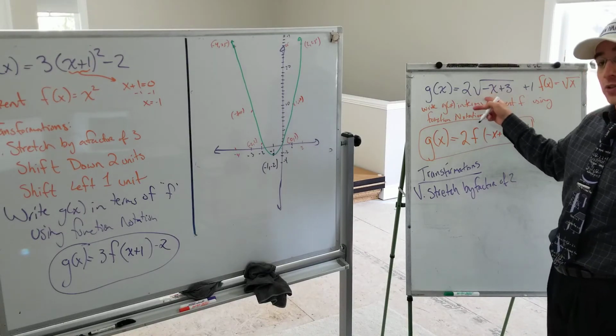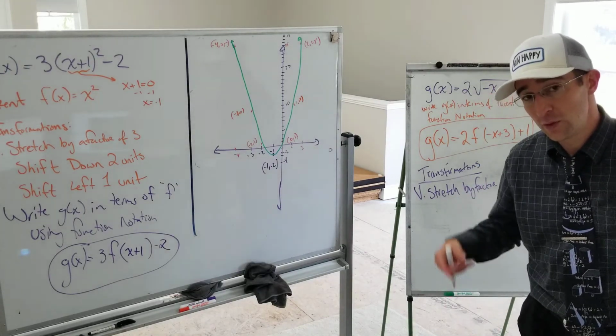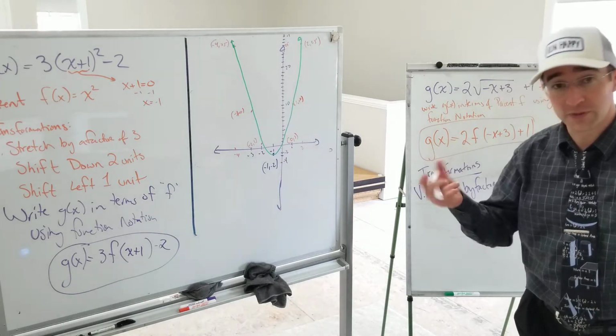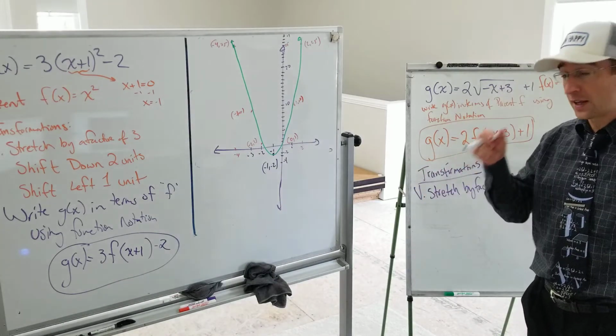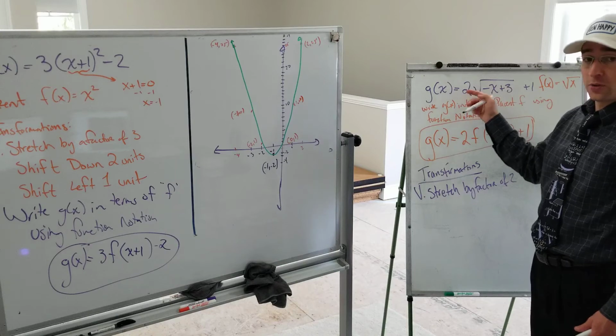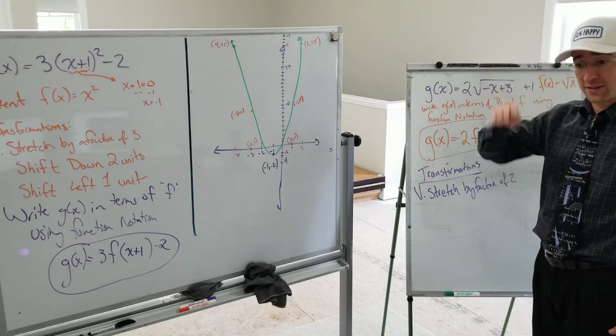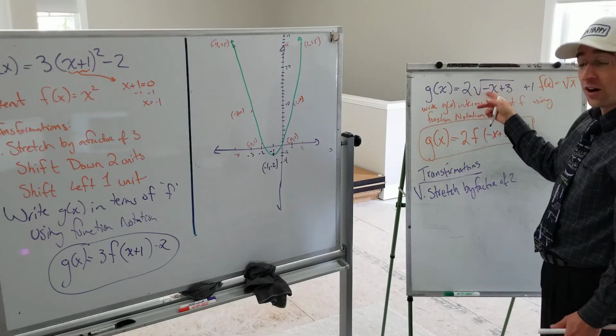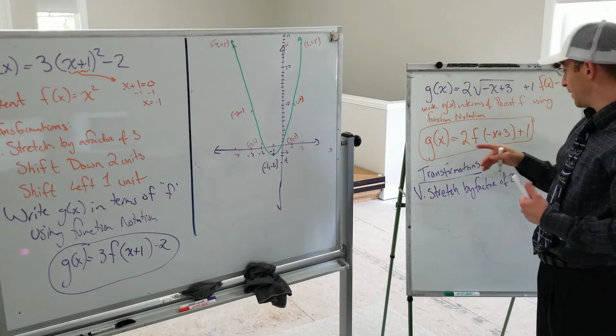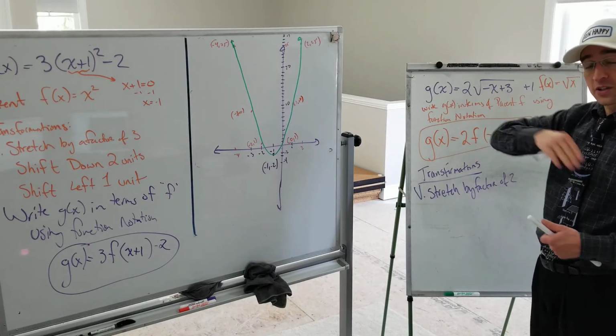What is this negative doing to the x here? The negative is a reflection. Anytime you have a negative, it's a reflection. If we had a negative 2, it'd be a reflection in the x-axis. Because it's on the x, inside the argument of the function, it's a reflection in the y-axis.